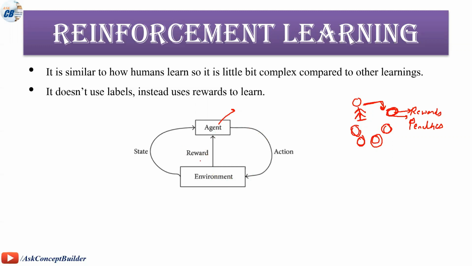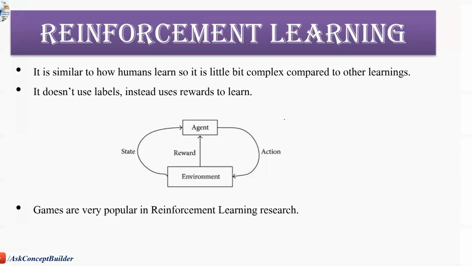So I will learn in a certain time. This is all about reinforcement learning. Games are very popular in reinforcement learning research, and many games are built on the basis of it.